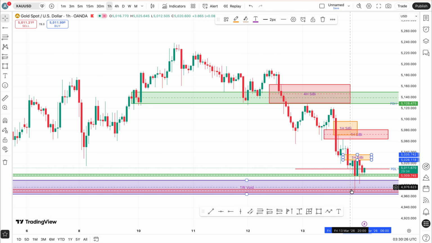So this is usually going to end up in indecision or consolidation. When the candles begin stacking like this, it often means the market is building pressure before the next breakout. So eventually the market will need to break this compression either to the upside or to the downside.